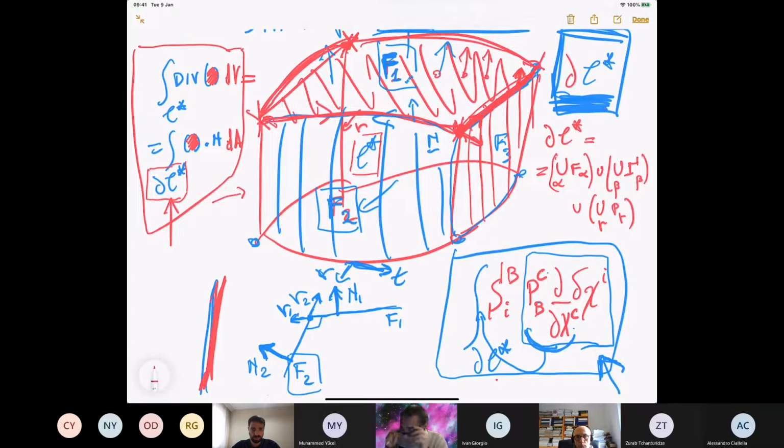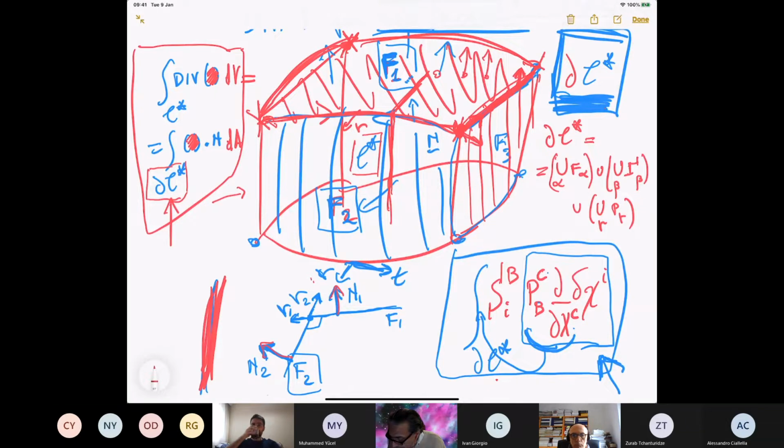So imagine to have a cut, and this is the intersection of the plane with F1 and F2. This is the intersection of our plane with the F1 face. This is N1, this is N2.